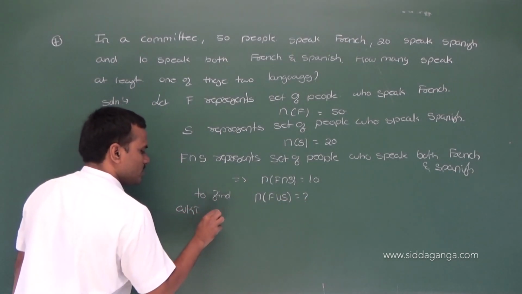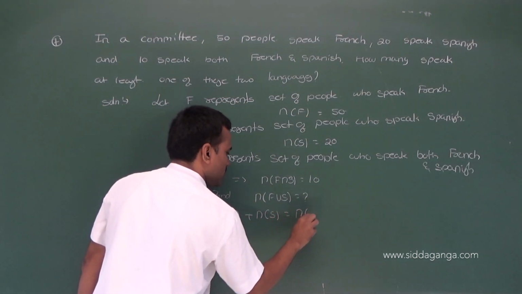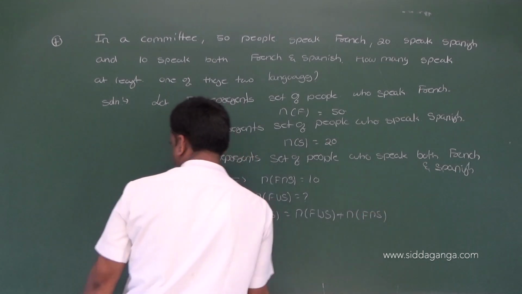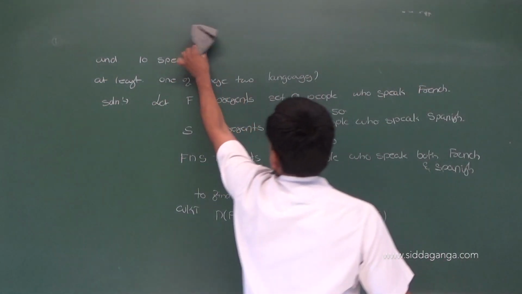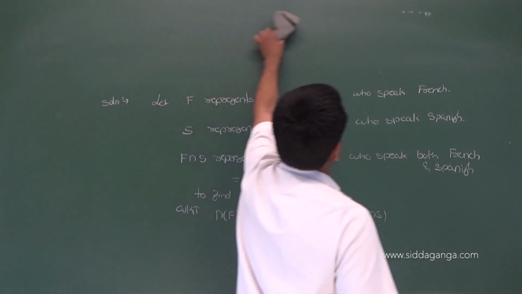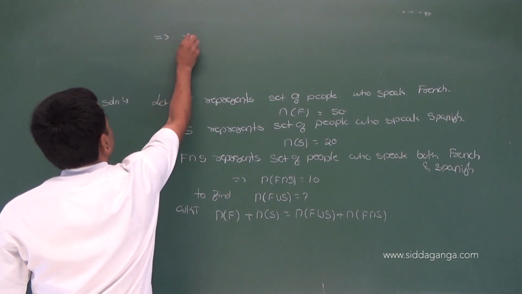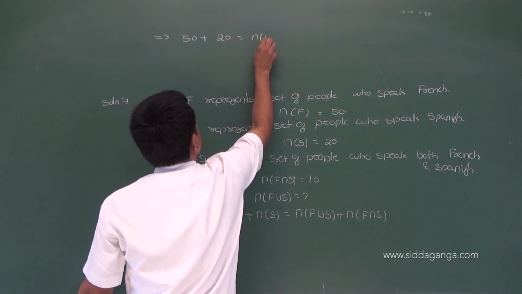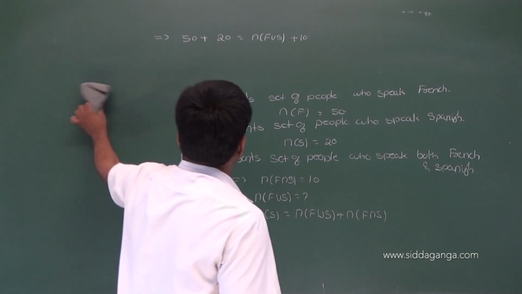We know that n of F plus n of S is equal to n of F union S plus n of F intersection S. Okay, we substitute all the values. 50 plus 20 is equal to n of F union S that we want plus n of F intersection S that is given, 10.